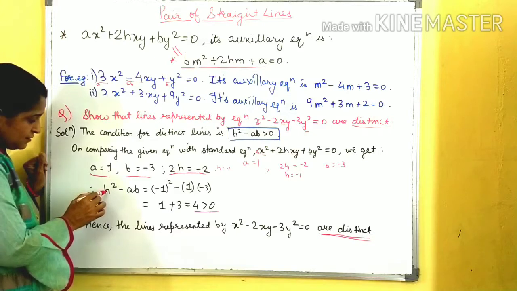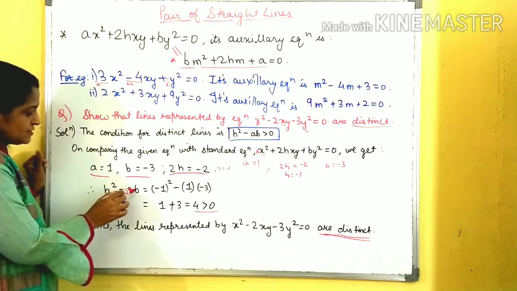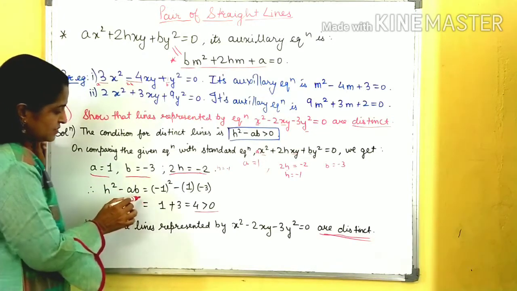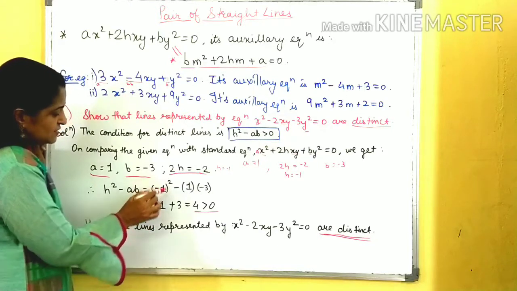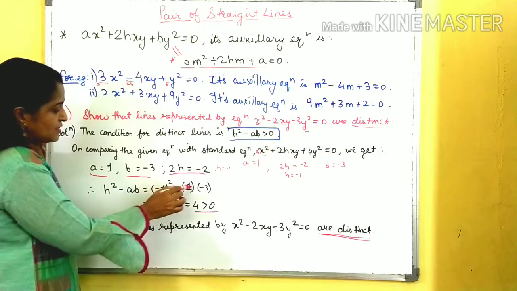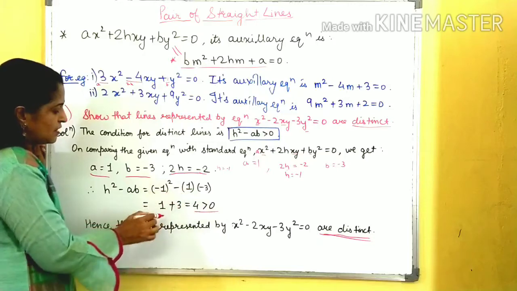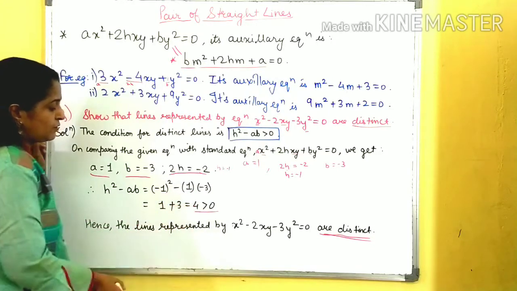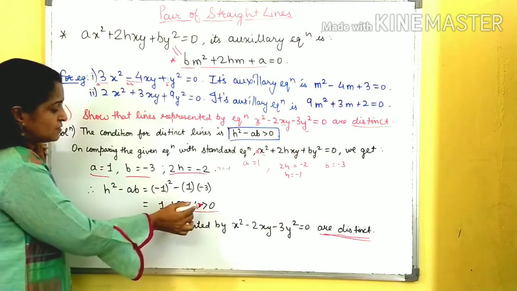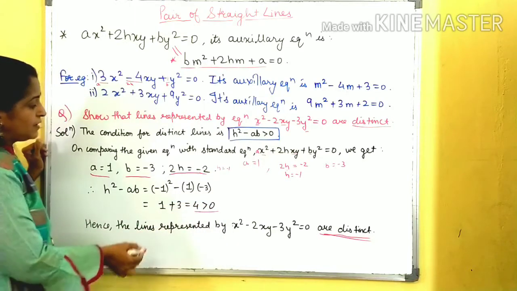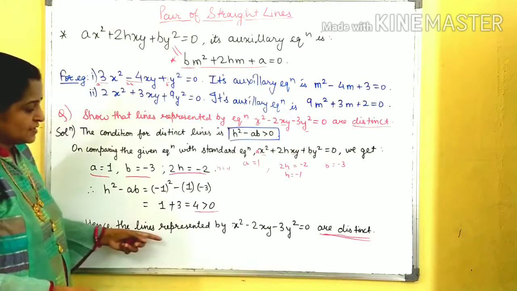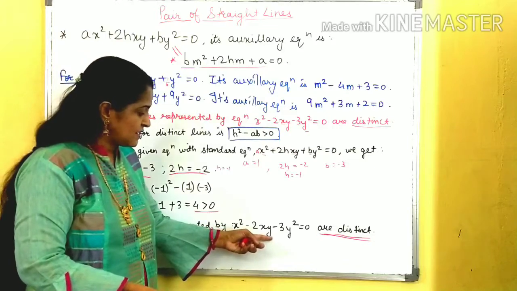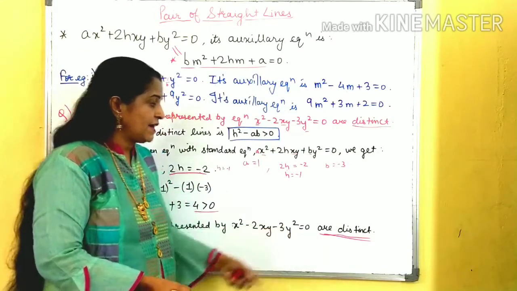By getting the value of h square minus ab, we get minus 1 square is 1 plus 3. 1 plus 3 is nothing but 4, which is positive value, that means greater than 0. Therefore, the lines represented by x square minus twice xy minus 3y square are distinct.